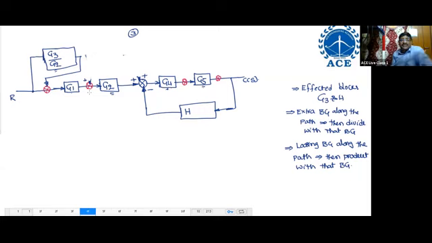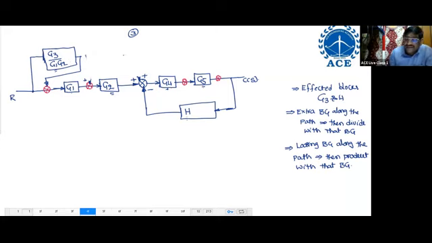G1, G2 are extra. That means we require dividing with what? G1, G2. We require dividing with G1, G2. Just count the block gains before shifting and after shifting. That's all. So whatever block gains are extra, they should be divided.